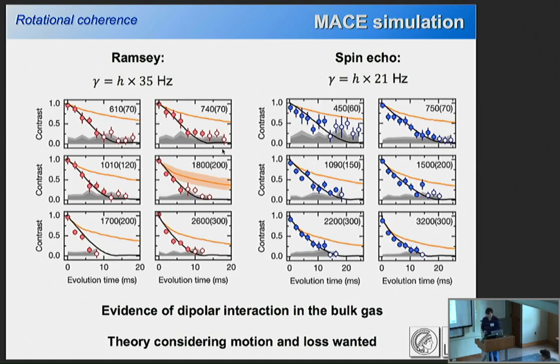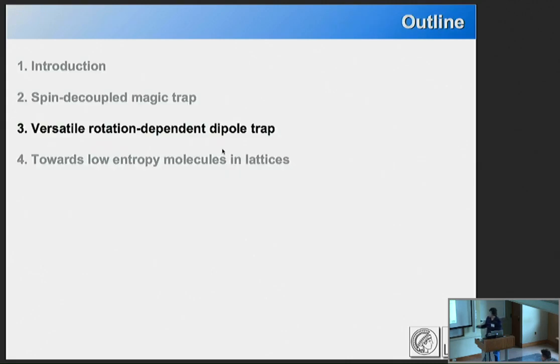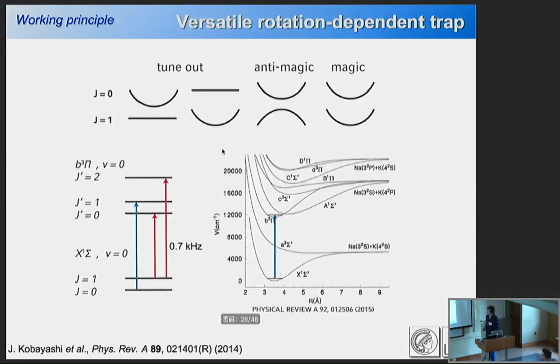Okay, I guess not so much time, so I'll just go on. So this is our very fresh result from last week: a versatile rotation-dependent dipole trap. For quantum simulation, we want an arbitrary rotation-dependent trap, which would be very useful.